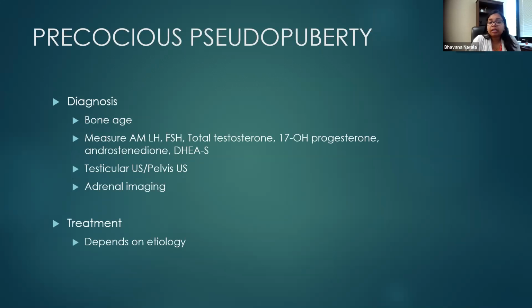So think about getting adrenal imaging. Leydig cell tumor, so testicular ultrasound, or elevated testosterone in a girl, and you're going to get a pelvic ultrasound or an MRI to better visualize the ovaries, right? Treatment really depends on etiology. So it's different based on where it's coming from, is it adrenals? I won't go into detail with that, but it depends on etiology.